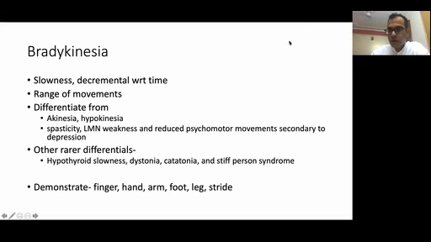Let's say we want to do finger tapping, and you request the person to close the fingers completely and open them as wide as possible. So this is finger tapping, and you do it as fast as possible. That is a normal speed and a normal amplitude.